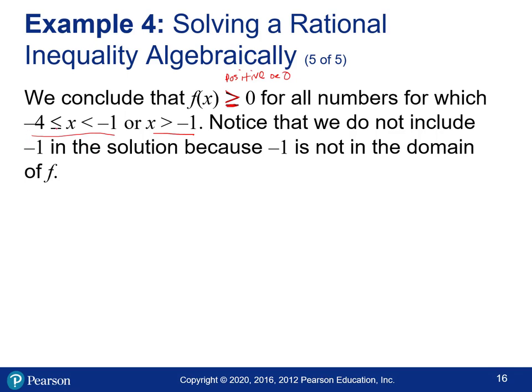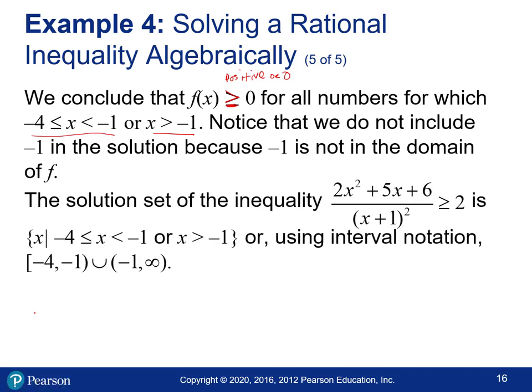And now we can equal the negative 4, but remember we cannot plug in negative 1, so make sure that we don't include that in our answer because the whole function was undefined at that point. And so our final answer in interval notation is anything from negative 4 to negative 1. You can equal the negative 4, that's why there's a bracket, but you cannot equal the negative 1, that's why there's a parenthesis. And we jump over the negative 1, and we can plug in anything after that.